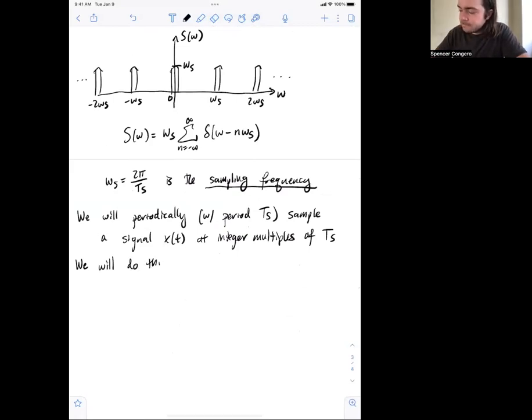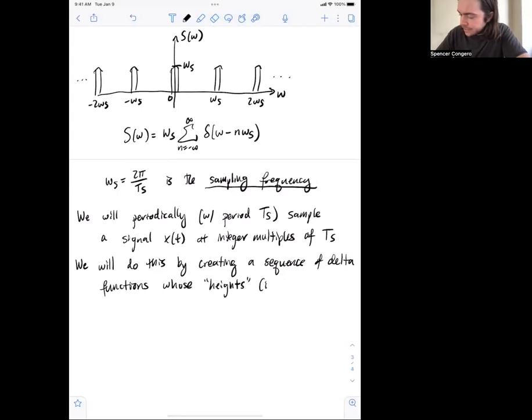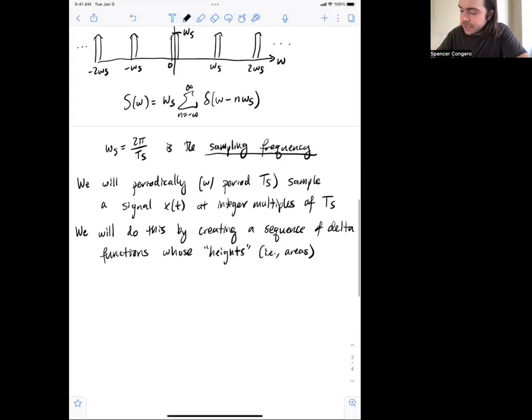We will do this by creating a sequence of delta functions whose heights, but remember, the heights are actually the areas, we talked about this in the delta function video, whose heights or areas are going to be the values we care about, the values of x of t at the points n T sub s, so integer multiples of our sampling period.